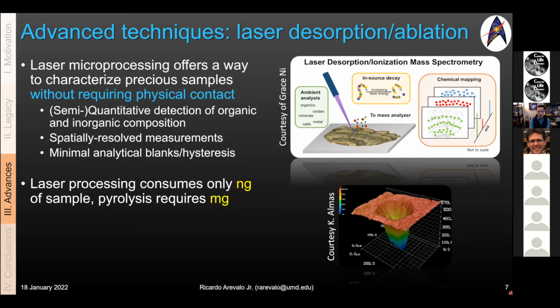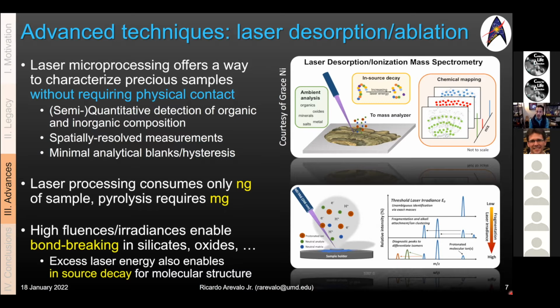So it's far more sensitive with regard to how much mass you need to excise or destroy to get your mass spectrum. And then on top of that, with a laser source, if you have the capacity to fly an overqualified laser source, something that provides more energy than you need to just ionize your sample, you can do some fancy things.